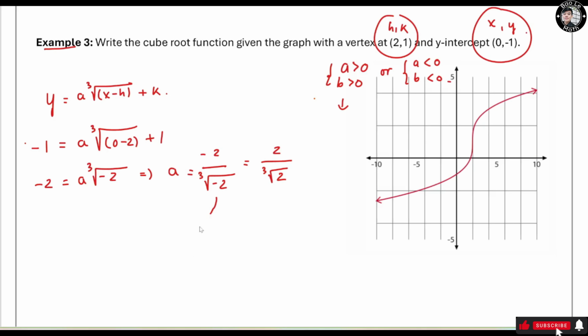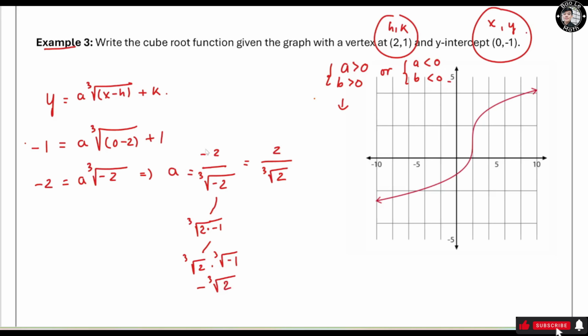Because the cube root of negative 2 can be written as the cube root of 2 times negative 1, which is the cube root of 2 times the cube root of negative 1. And the cube root of negative 1 is negative 1, so it could be negative cube root of 2.